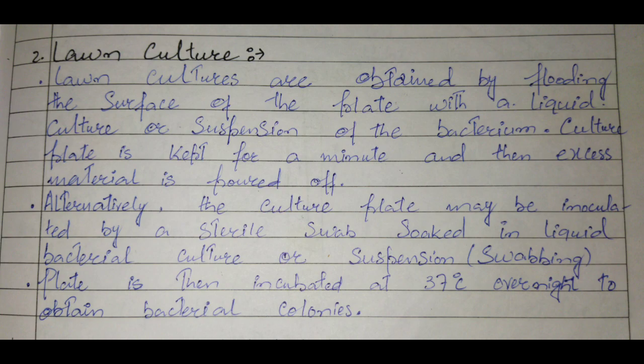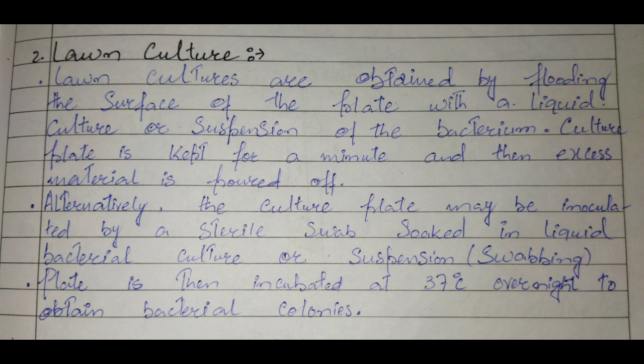अब लॉन कल्चर देखेंगे. Lawn cultures are obtained by flooding the surface of the plate with a liquid culture or suspension of the bacterium. The culture plate is kept for a minute and then excess material is poured off.